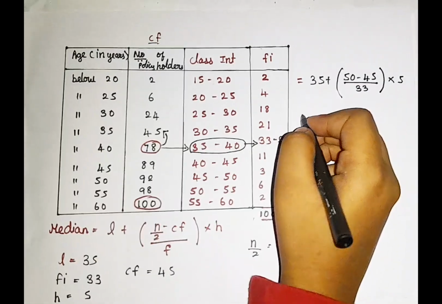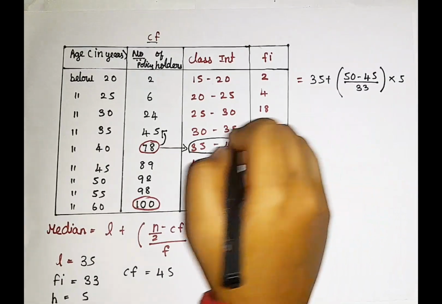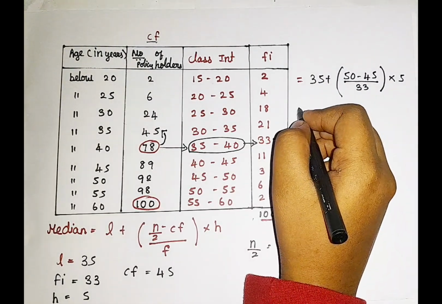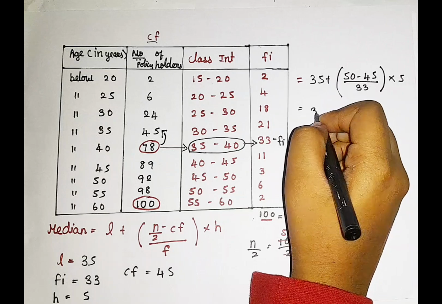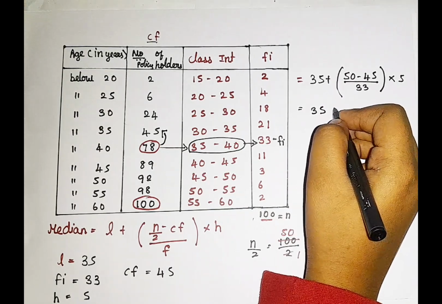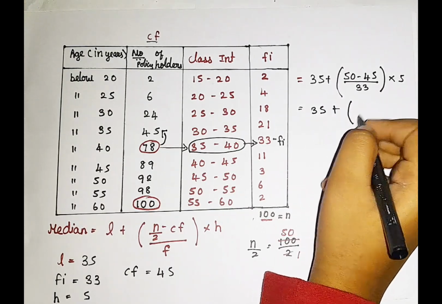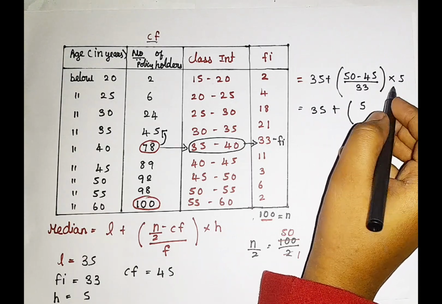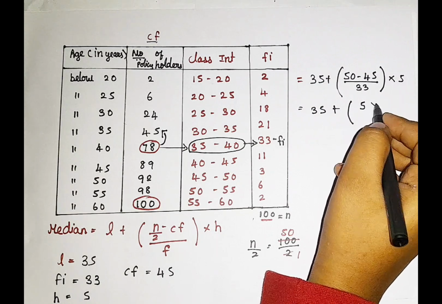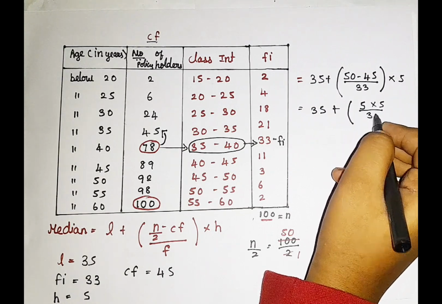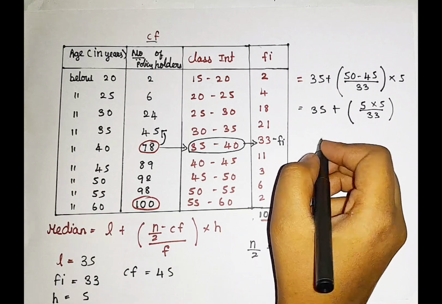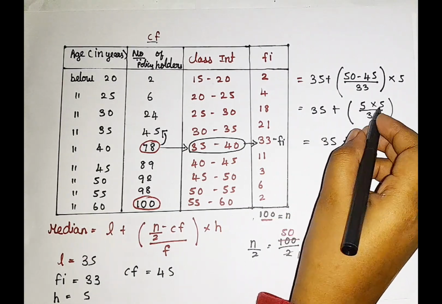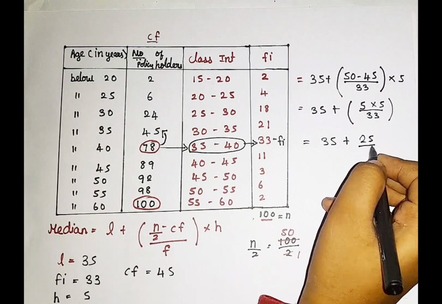Okay, so now we can write the 35 as it is, equal to 35 plus bracket, so 50 minus 45 is 5. Since it is in the numerator, we can write it in the numerator and divide by 33, close the bracket. So now is equal to 35 plus, so 5 into 5 is 25 divided by 33.